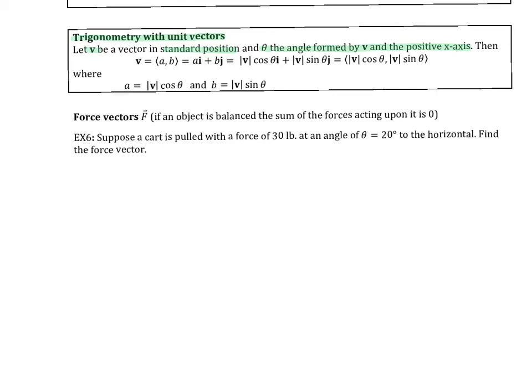So our vector with components A, B can also be written in terms of i, j vectors as the magnitude of the vector times cosine theta i plus the magnitude of the vector times sine theta j. Or using the vector brackets, we can write it as magnitude cosine theta, magnitude sine theta. And here our A value is going to be the magnitude times cosine theta, B is the magnitude times sine theta.